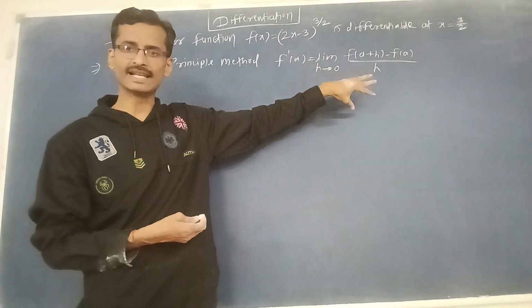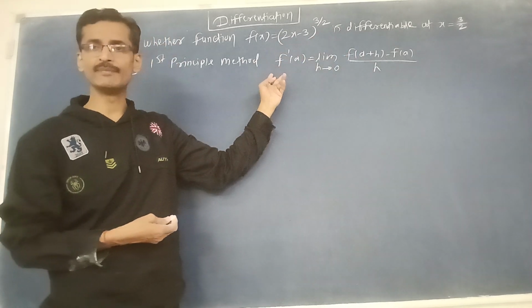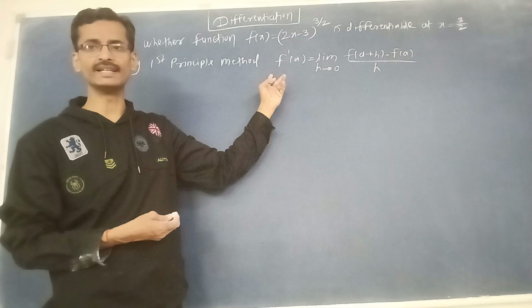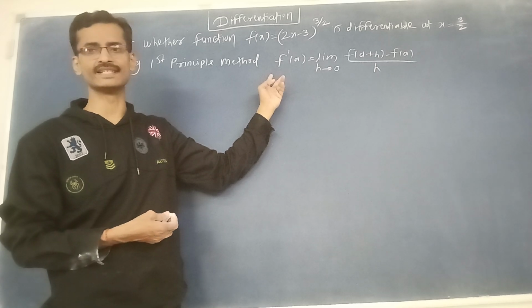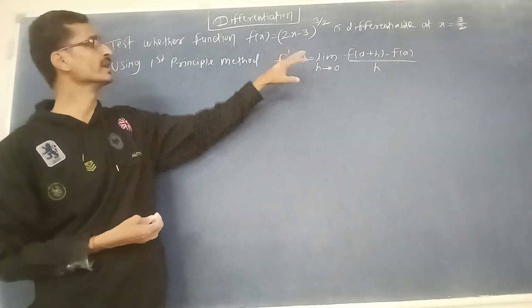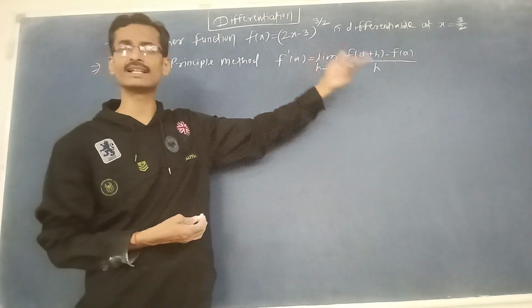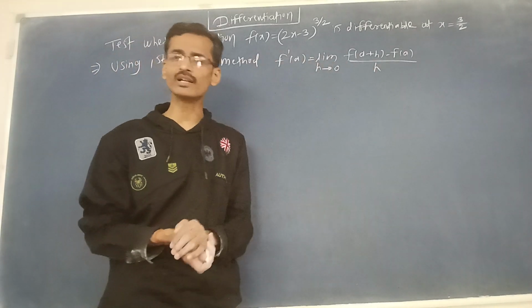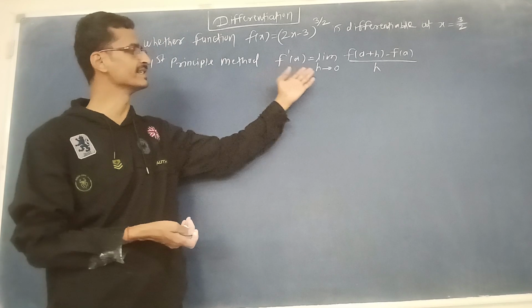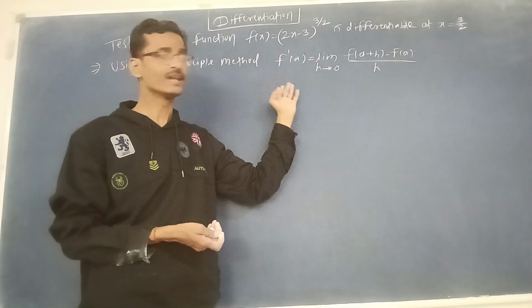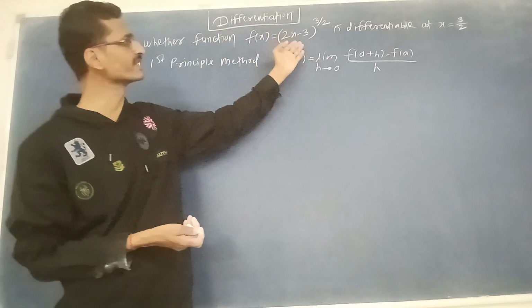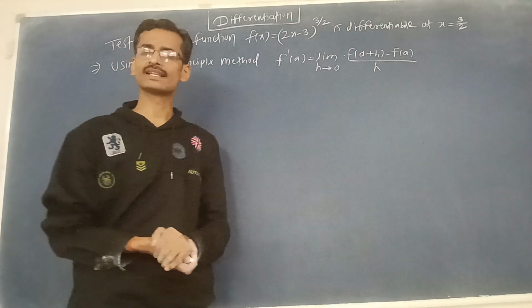If this limit exists, that is f dash of a, that is d by dx of f x at x is equal to a. So if this limit in case does not exist, then we can say it is not differentiable at x is equal to a.